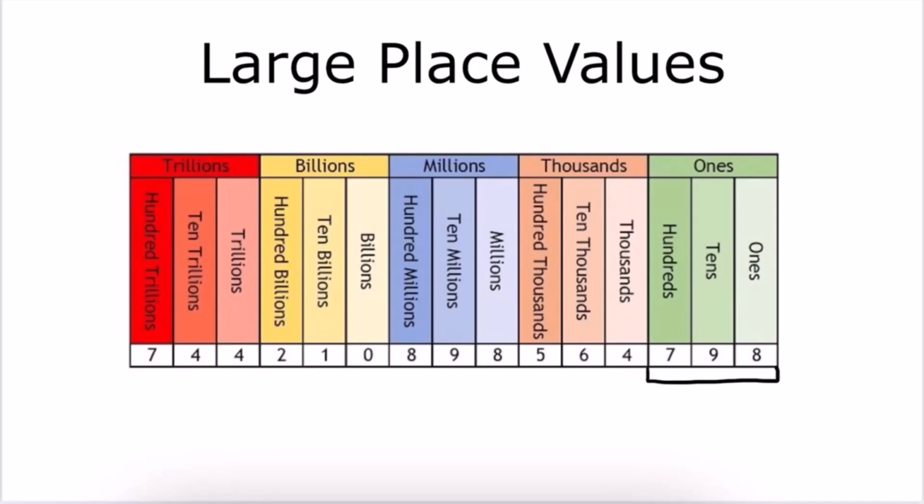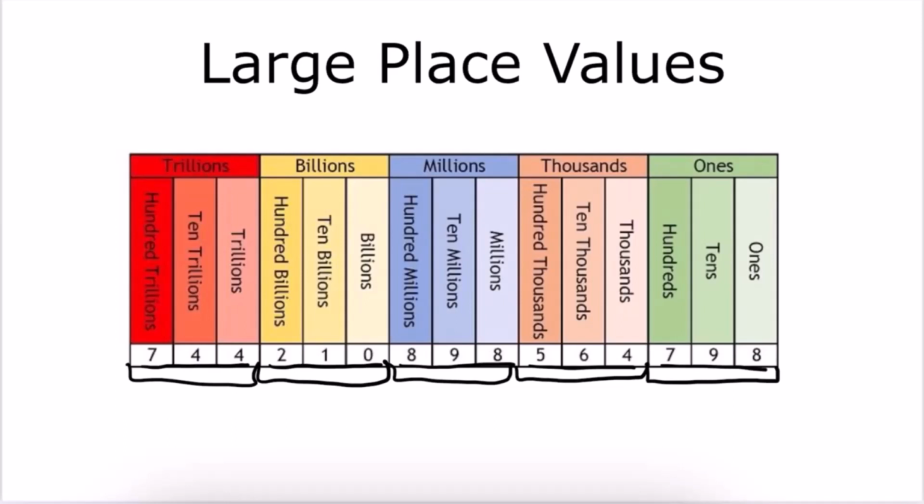And then after that, you have your thousands and your millions, your billions, and your trillions. So the way that you would read this number is in groups of 3. So I would say I have 744 trillion, 210 billion, 898 million, 564,798. And that's how you would describe a large place value like this.